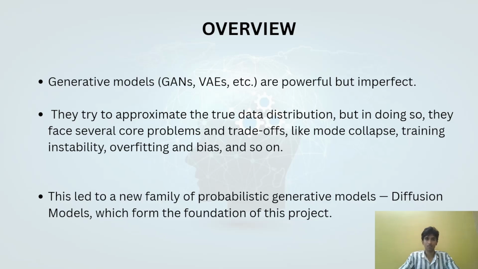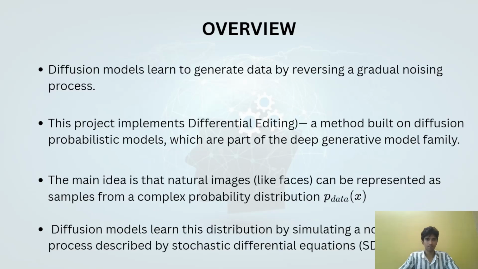Now let's look at what diffusion models mean. Diffusion models try to generate data by reversing a gradual noising process. In this project, I have implemented something known as differential editing. It's a method built on diffusion probabilistic models, which are a part of the deep generative model family.